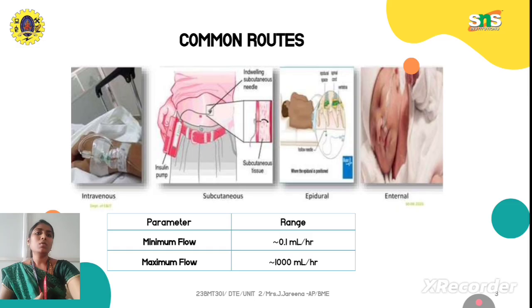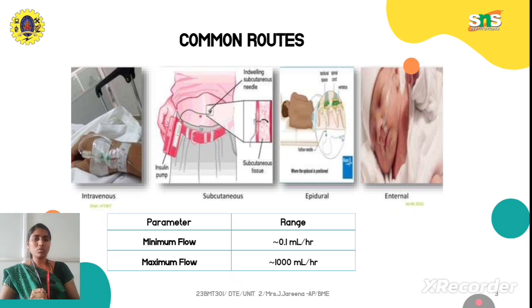Yes, so what are the common routes through which we can deliver the fluids? That we are going to discuss in this slide, because there are actually four common routes. One is intravenous, which we usually get when we are very tired or have dehydration problems.